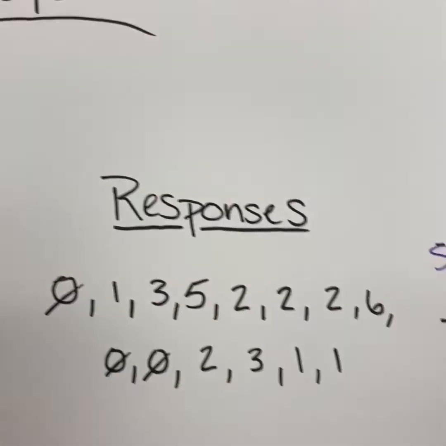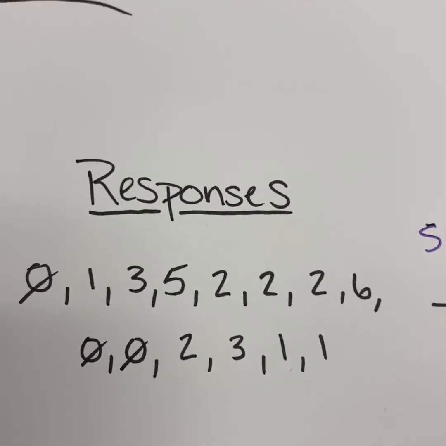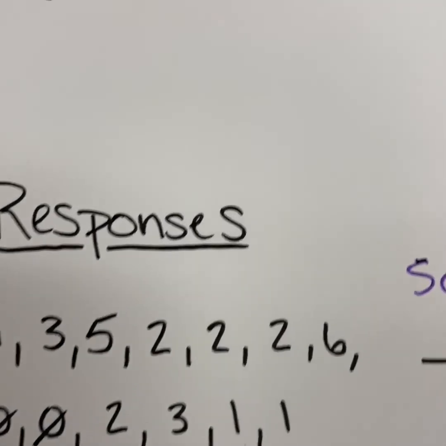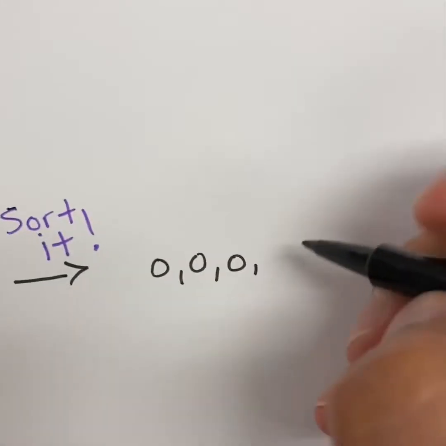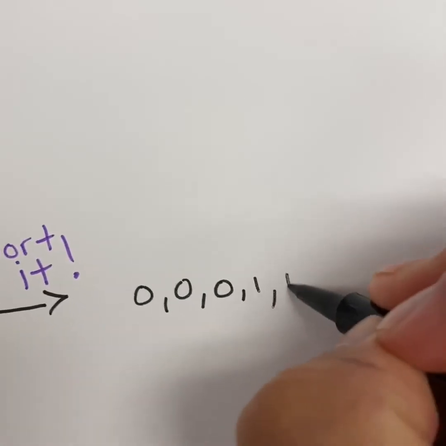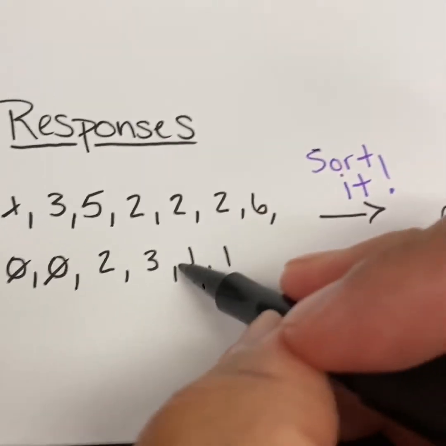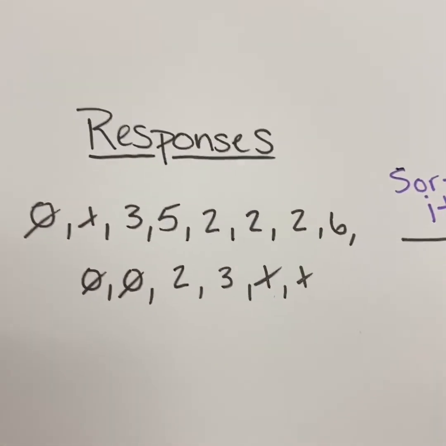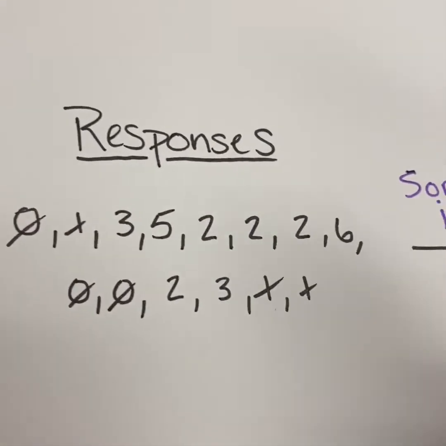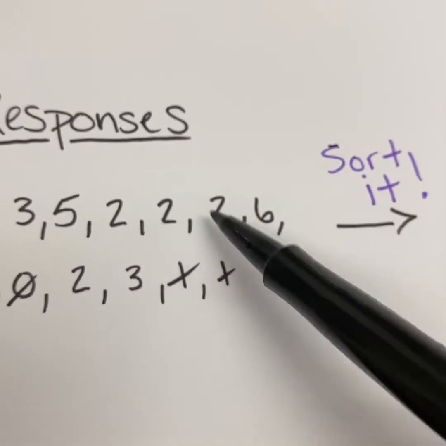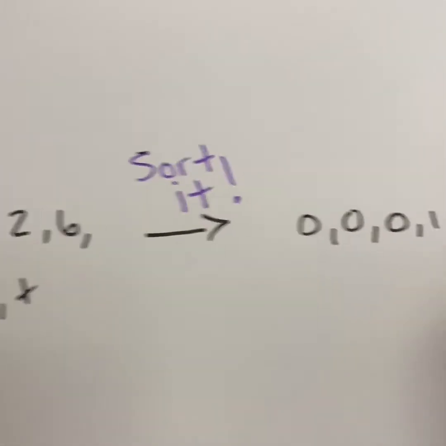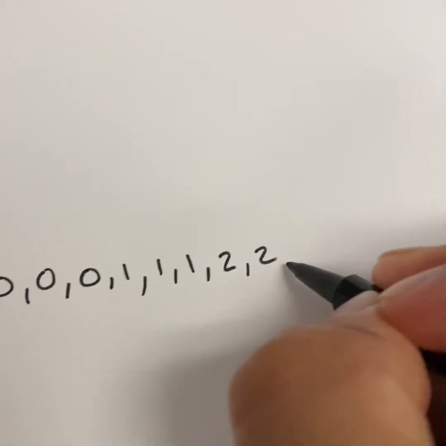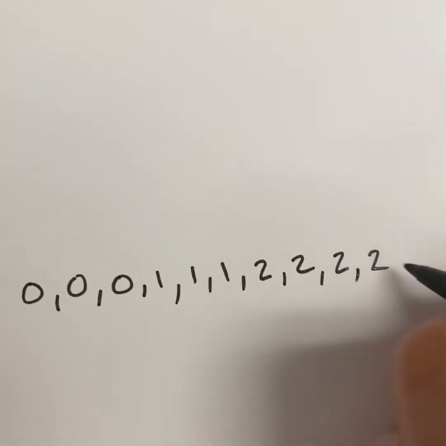Gone, gone, gone. How many people said that they had 1 pet? 3 people, right? Okay, so we'll come over here. 1, 2, 3. Let's cross those off. How many people said 2? Let's see here. 1, 2, 3, 4.